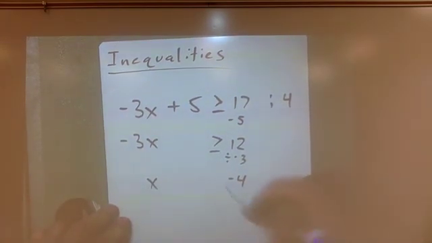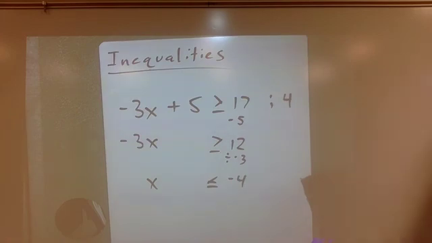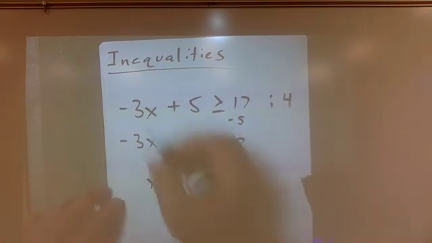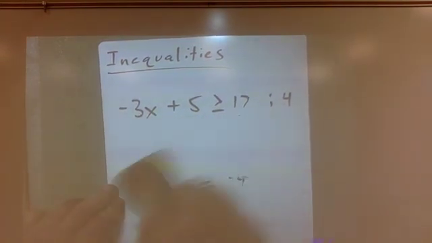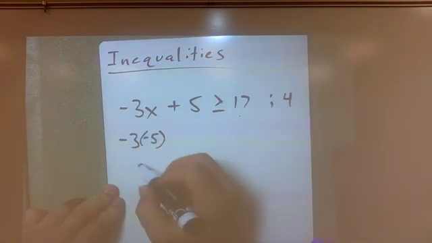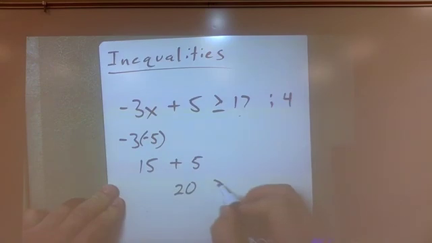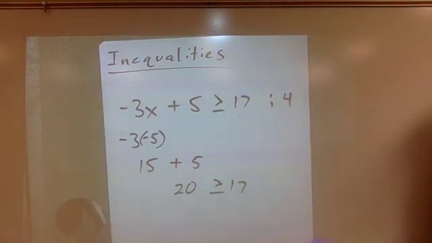So it's got to be less than or equal to negative 4. So what's a number that's less than negative 4? What's a temperature that's colder than negative 4? Negative 5, for example. So let's substitute a negative 5 in for x. Negative 3 times negative 5 is positive 15. 15 plus 5 is 20, and 20 is, in fact, greater than 17.